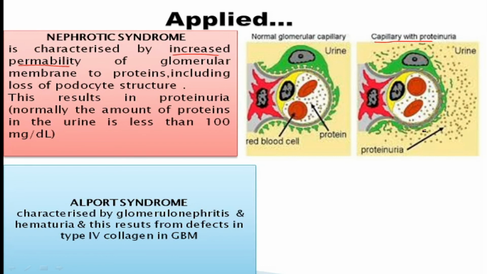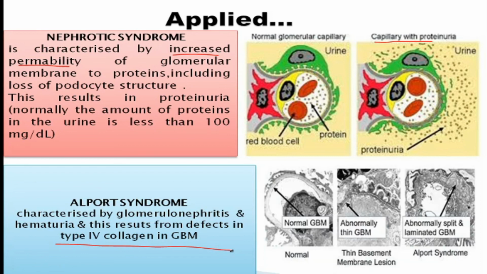The most important thing to remember in Alport syndrome is the reason, which is a defect in the type 4 collagen of the GBM, and this defect occurs because of a genetic mutation in the COL4A3 and COL4A4 genes. This Alport syndrome leads to abnormality in the glomerular basement membrane.